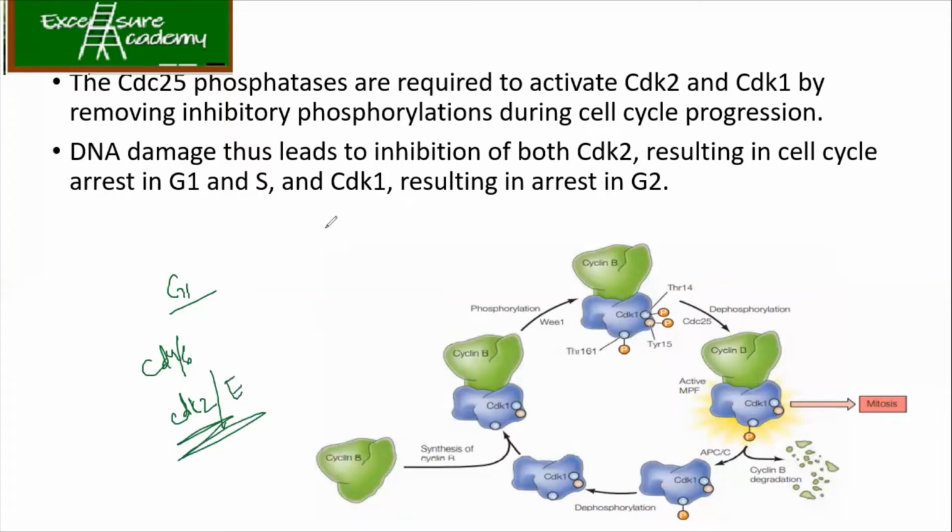The problem is that there is no clear-cut division between G1, S, G2, or M. So that's why if it is CDK2, we say that it might be G1 or S, because in G1 the concentration of CDK2 starts increasing. So we say arrest at G1 and S phase of the cell cycle if CDK2 is inhibited, and if it is CDK1, then G2.